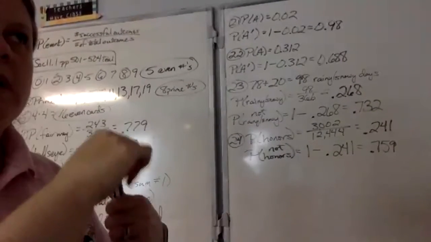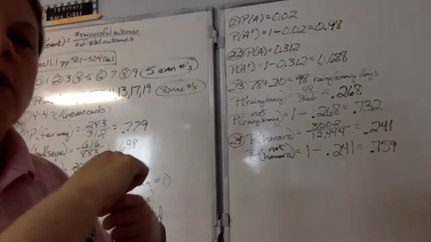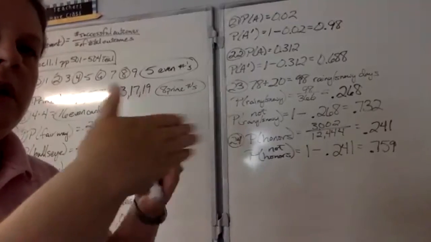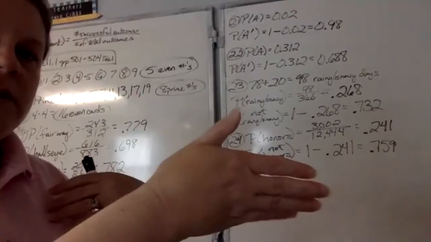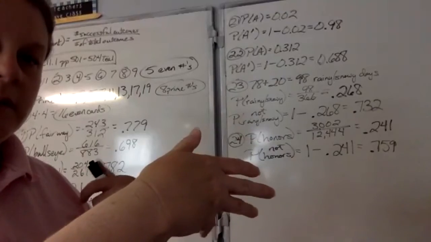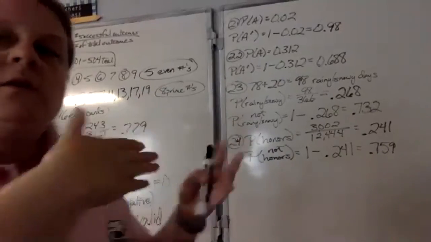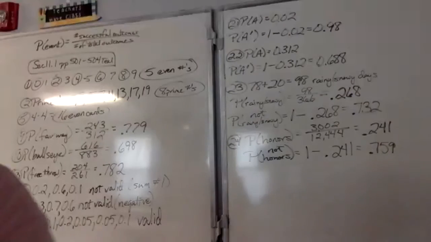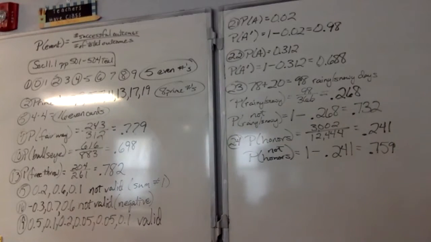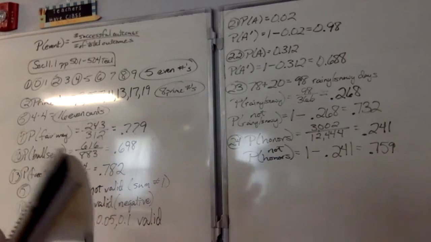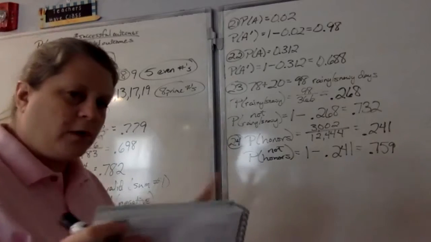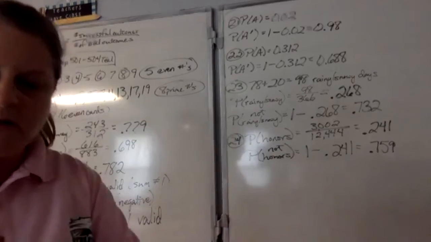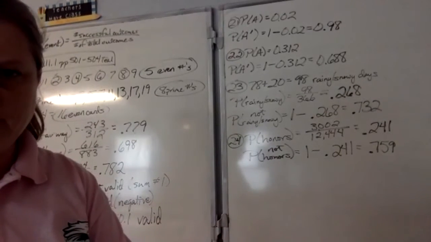My probability of getting a pencil or a blue writing utensil, could it be a pencil and be blue? Yes. So that's not mutually exclusive because it can be both at the same time. So that's what we're looking at on these, trying to figure out whether one means it can't be the other or whether they could both happen at the same time.